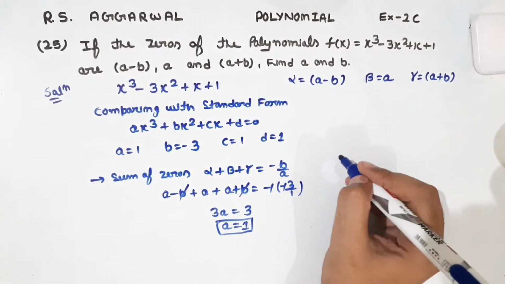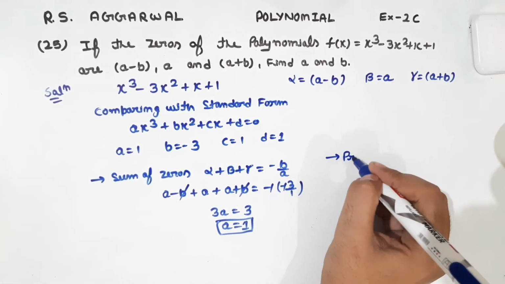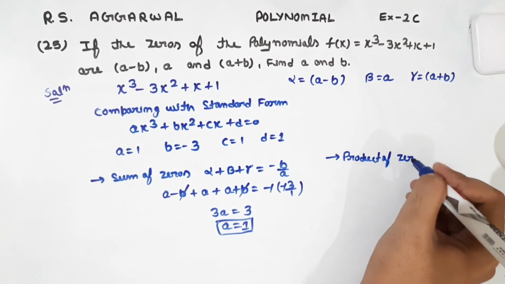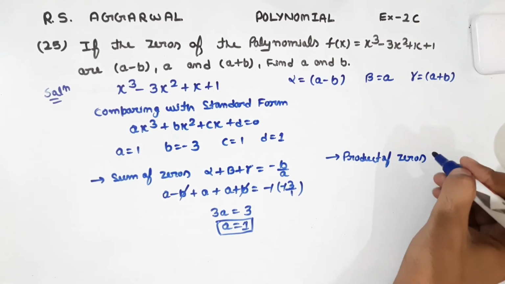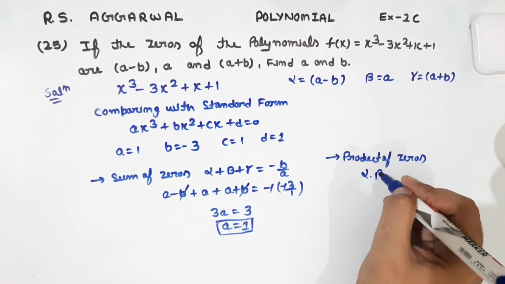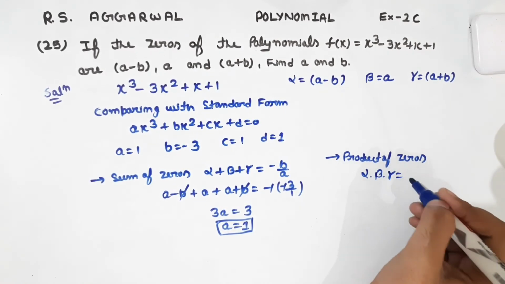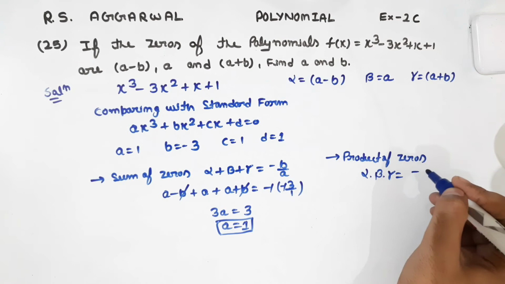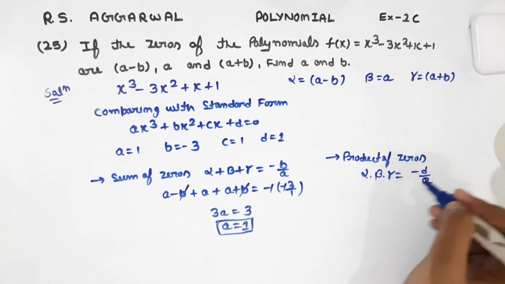And now the product of zeros, that will be equal to alpha into beta into gamma, that is given by minus d upon a.